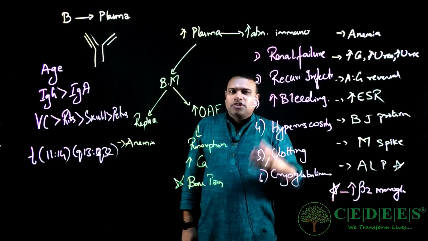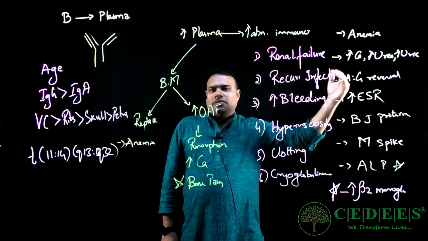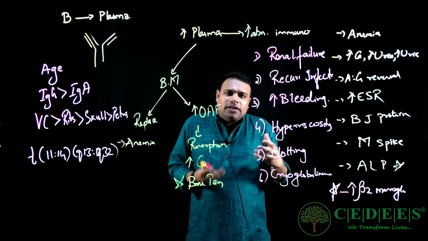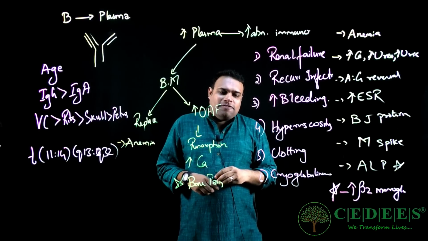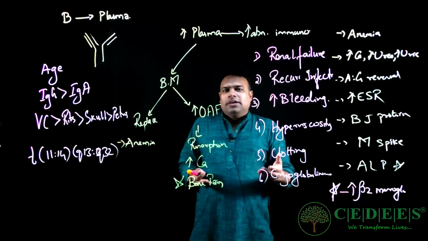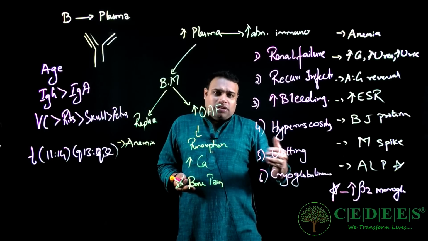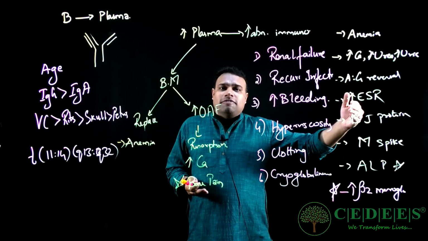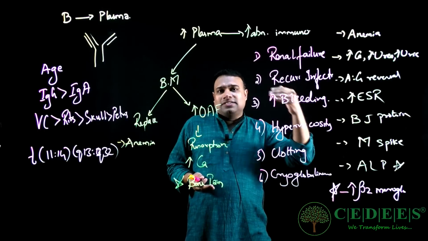In fact, there is a classification called the International Staging System, ISS, and they correlate it with the amount of microglobulin. The normal level of microglobulin is around 1 to 2.5 milligrams per liter, but in patients with multiple myeloma it increases beyond that. And if it increases beyond 5.5, then it is graded as stage 3.